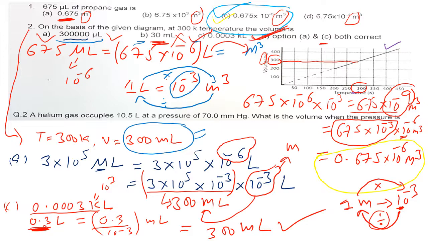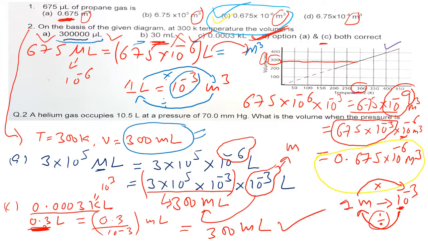So what we can do, I can write this number like this: 675 into 10 to the power minus 3, and this is 10 to the power minus 6, and this is again meter cube. Likewise here it is coming minus 6, and here I am getting minus 6. I am splitting this power like this way, minus 9 in the form of minus 6 and minus 3.